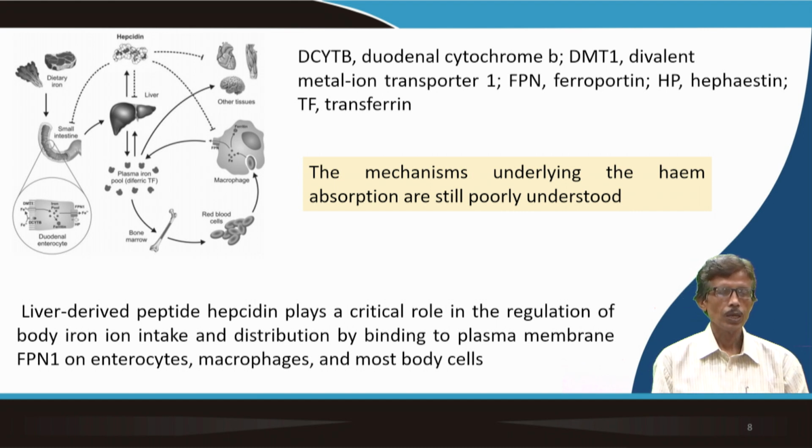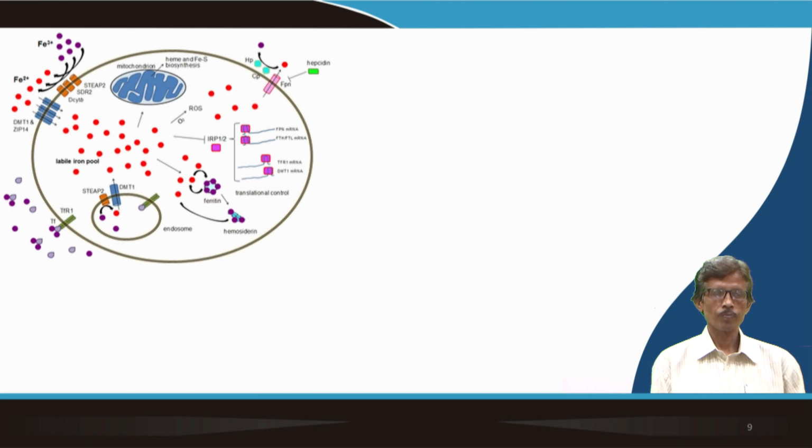Enterocytes are nothing but your corresponding duodenal enterocytes, then the macrophages are there and most other body cells. So, all these different body cells also take part in the iron assimilation process.